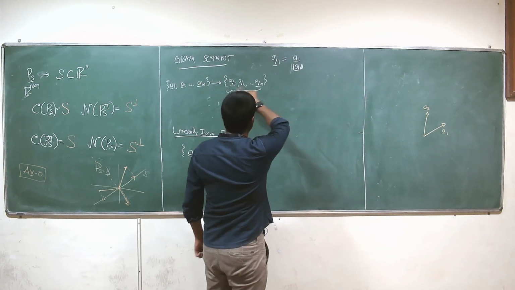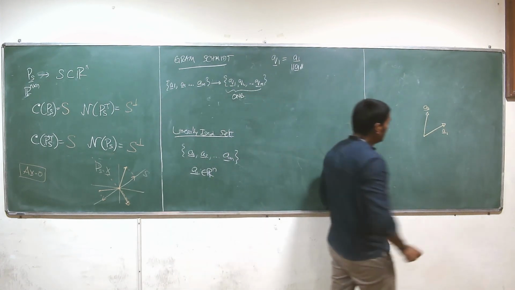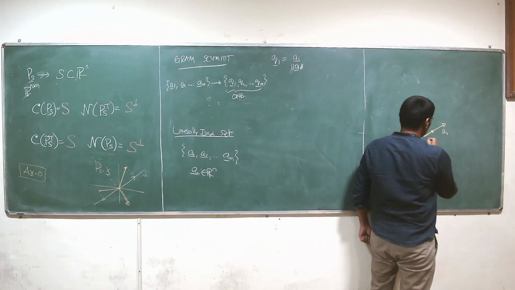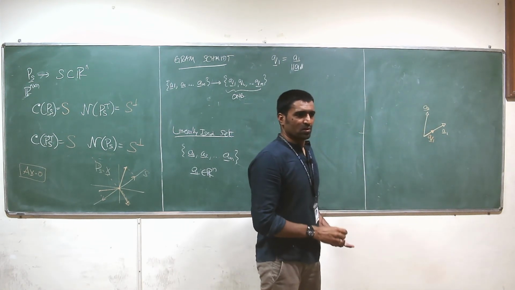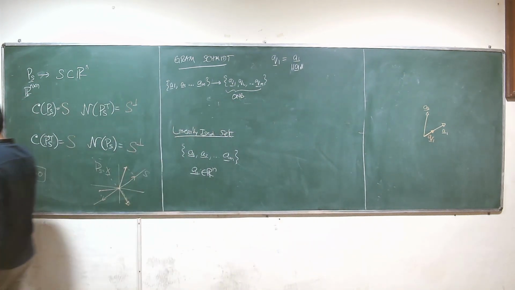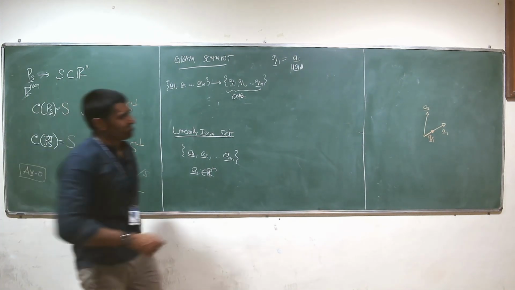So to do this procedure, the first thing we do is take the first vector and normalize it. You take A1 and scale it so that it has length 1. So this is your Q1. Then, to get the next vector, what we do is this.